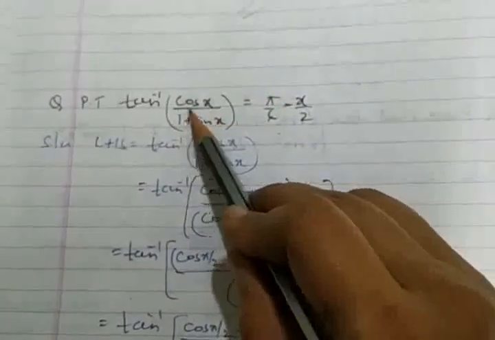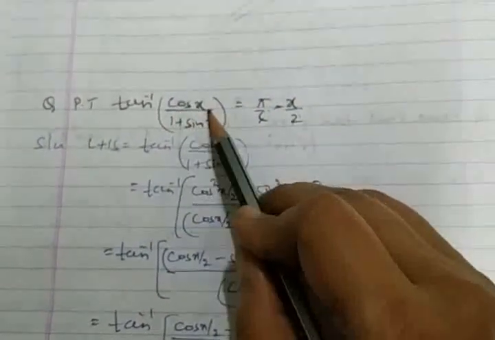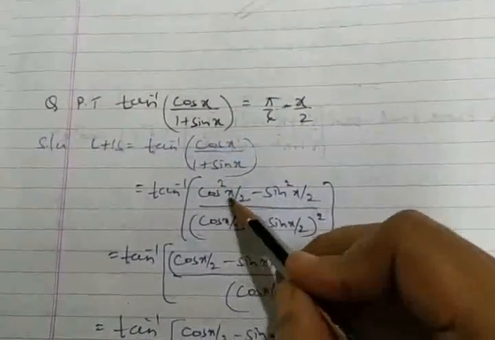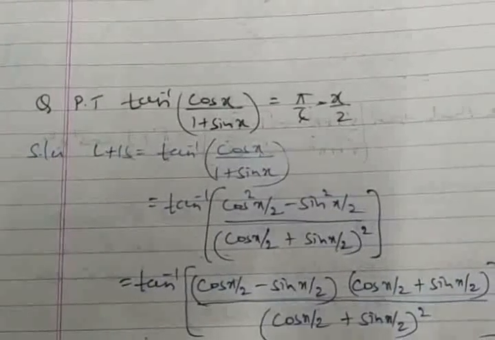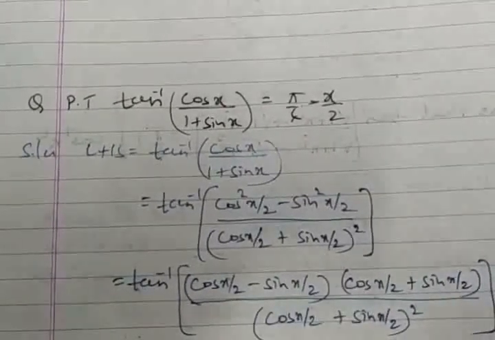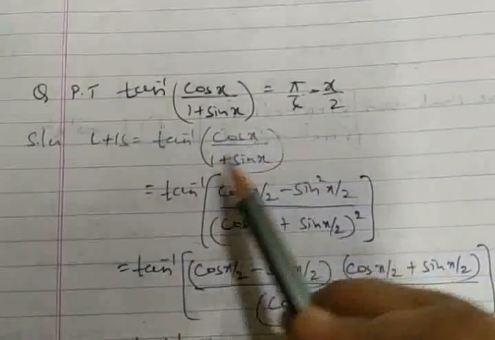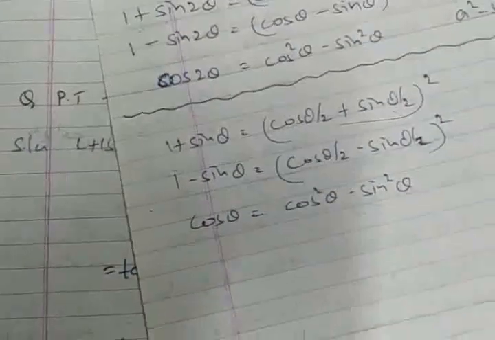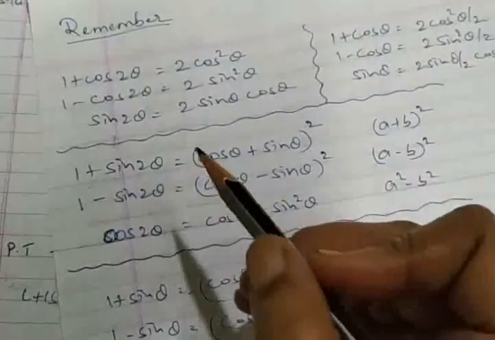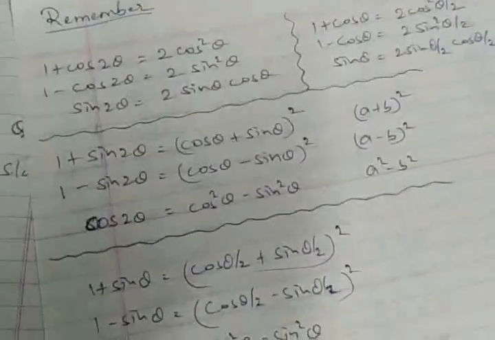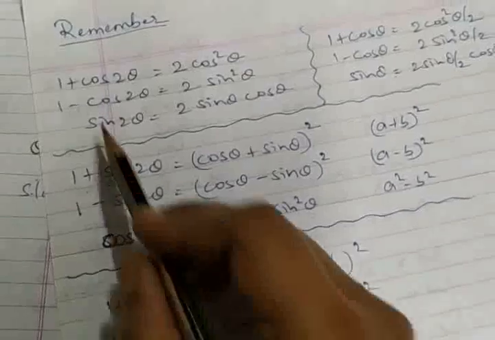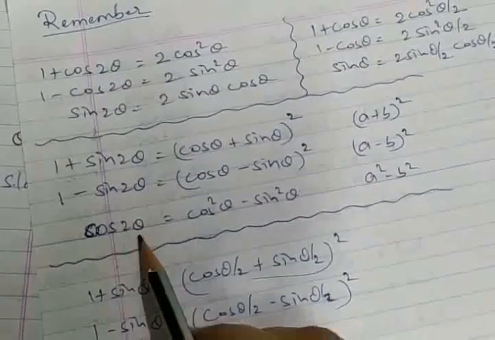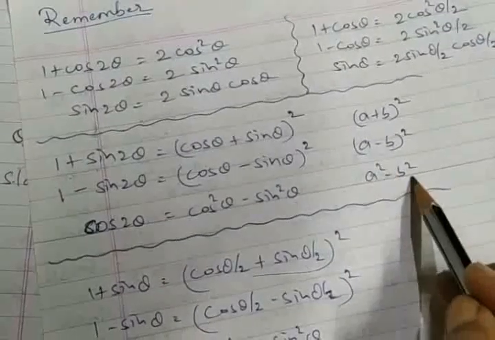Only remember the formula. So when we find cos x here, this term has to be taken as a square minus b square formula, which we earlier also discussed. So tan inverse of cos x upon 1 plus sin x. Remember the formula, the list of formulas we already discussed. Whenever we find only a cos function, only cos without 1 plus or 1 minus, you have to recollect and say it is a square minus b square form.